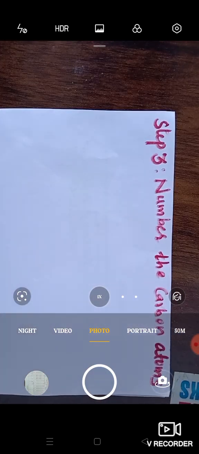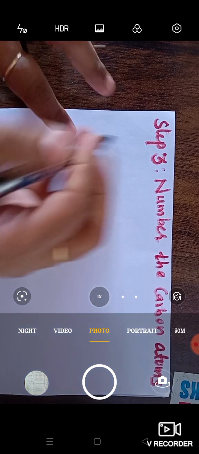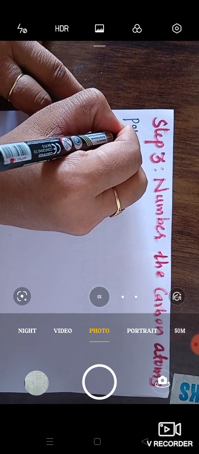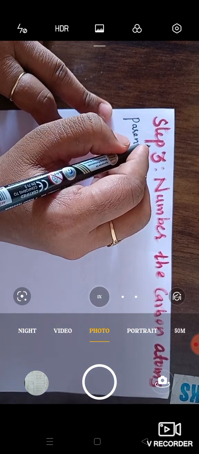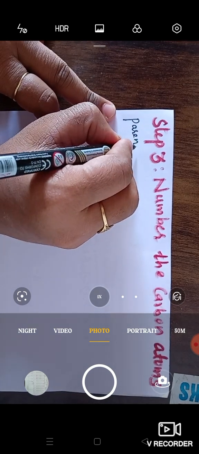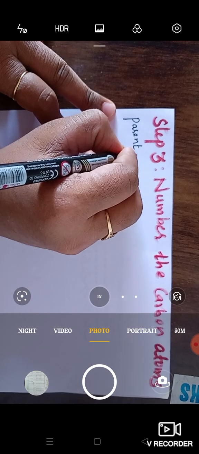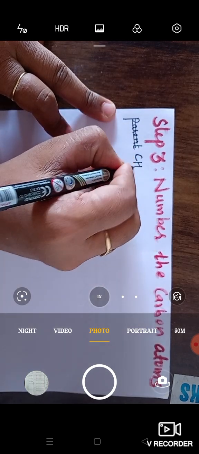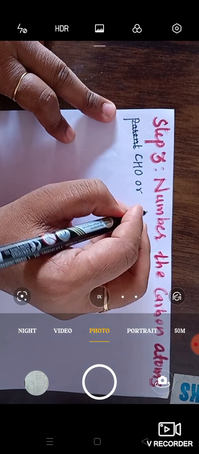For numbering there are certain rules which we need to follow.